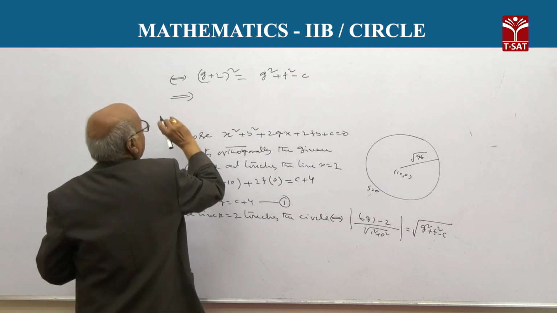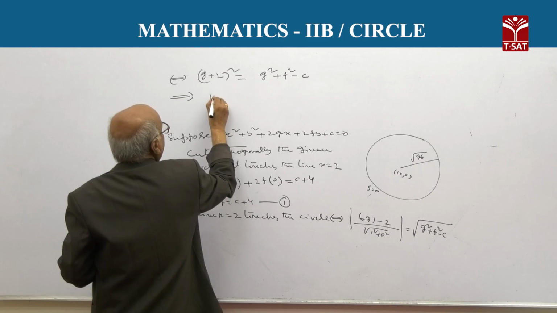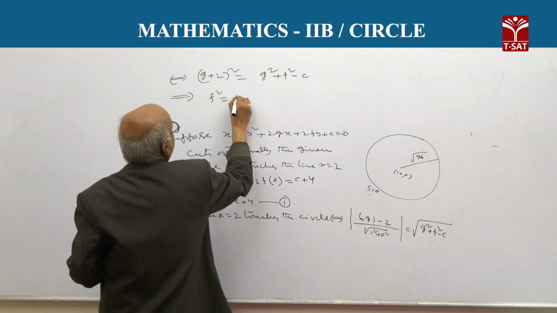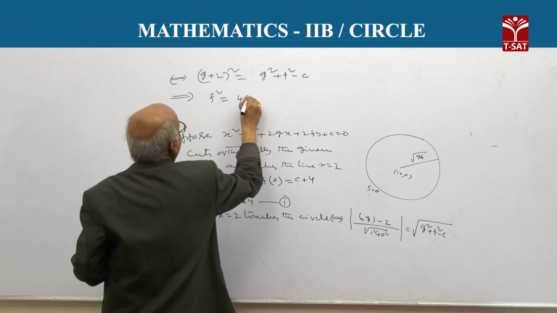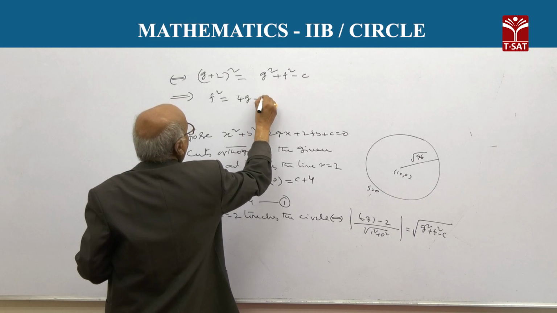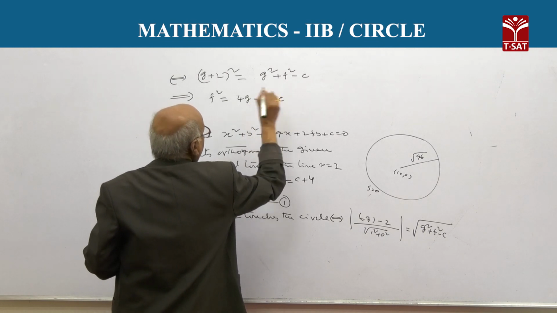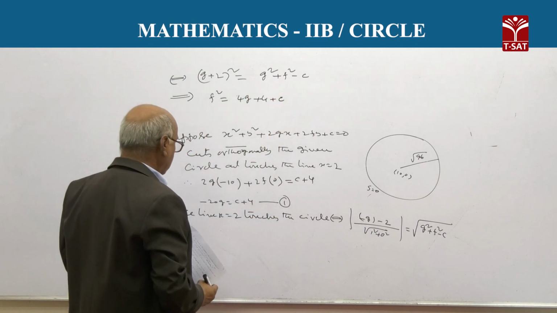So g square cancels. So f square is equal to 4g plus 4 plus c.